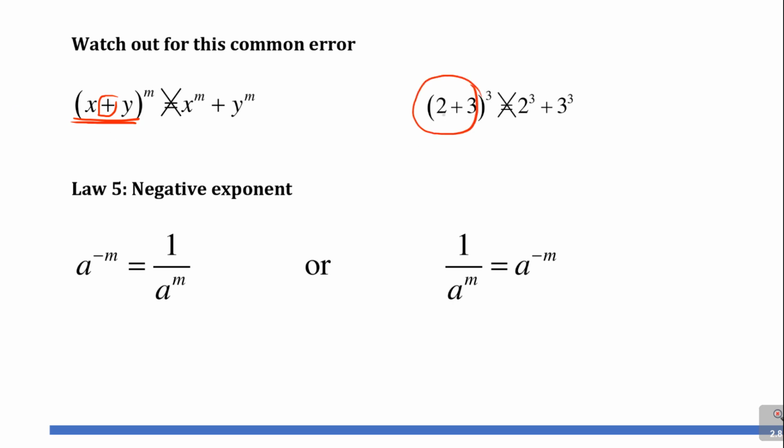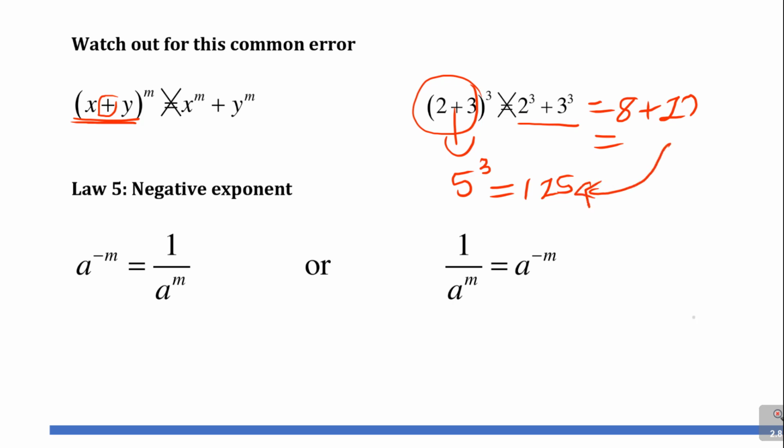Look, 2 plus 3 is 5, to the power of 3, 5 to the power of 3 is 125. But if you say it's the same, 2 to the power of 3, 2 times 2 is 4, 4 times 2 is 8, plus 3 times 3 is 9, 9 times 3 is 27, and 8 plus 27 is not equal to 125. That's wrong.